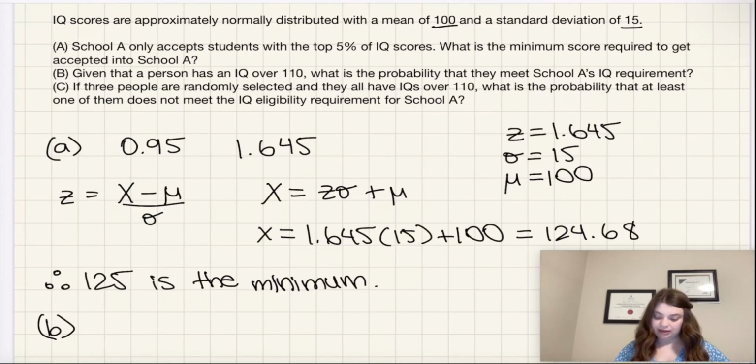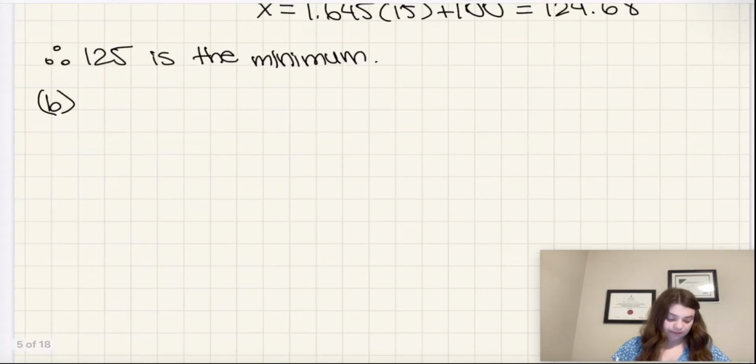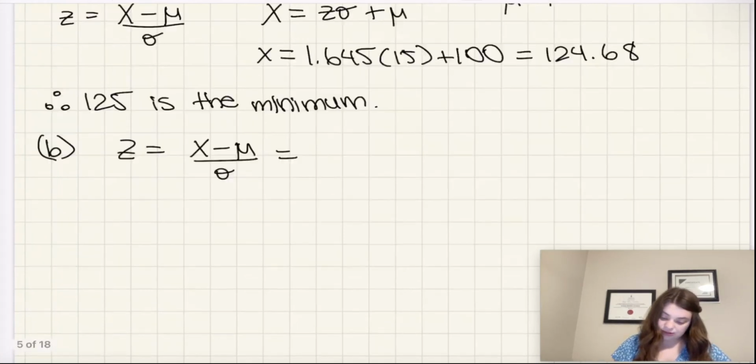the probability of somebody having an IQ score of over 110 and the z-score associated. So I'm going to start by finding the z-score. The z-score, as a reminder, is equal to x minus mu over standard deviation. In this case, x is 110 because that's the score they asked about.